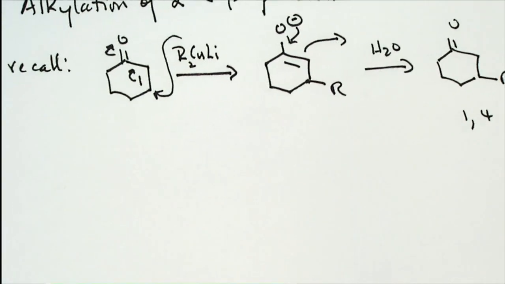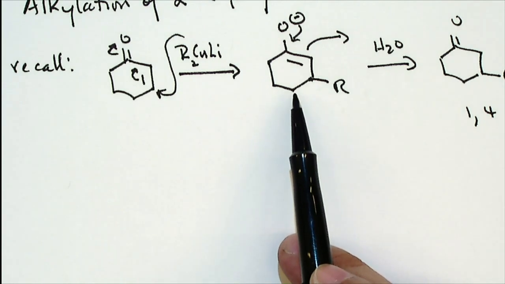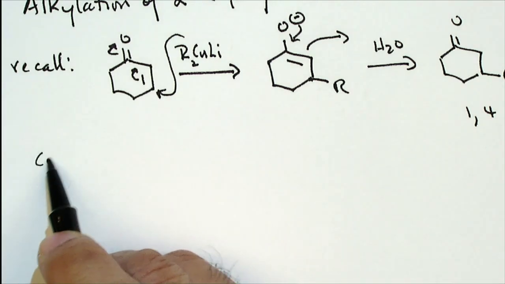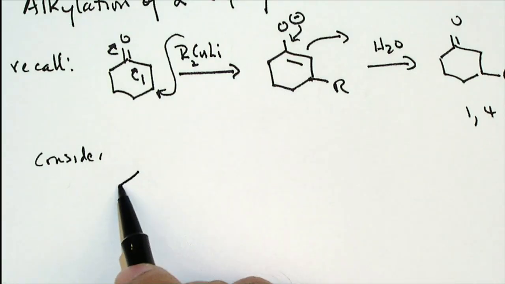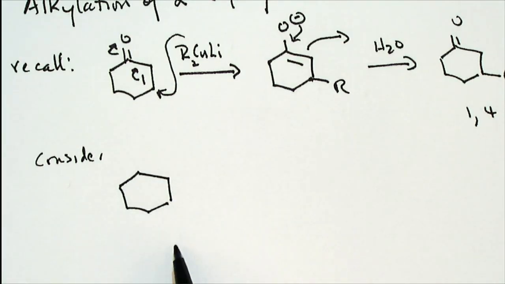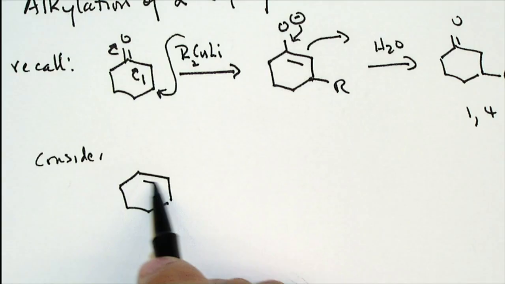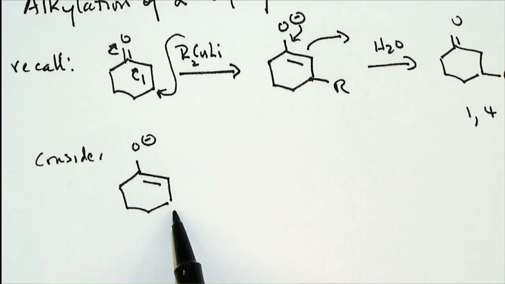So now consider this part here, right? So if I'm at this stage, the middle part, the enolate part, here I have the enolate and I've attached the R with the Gilman.